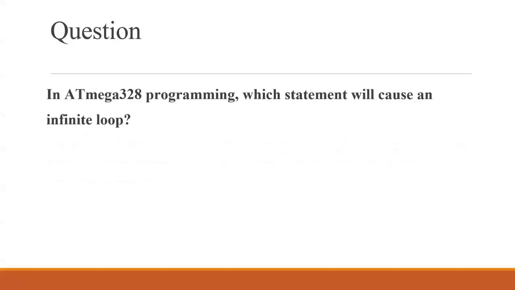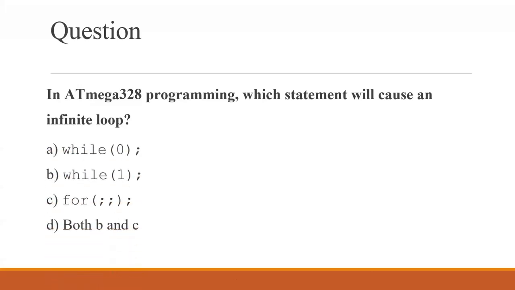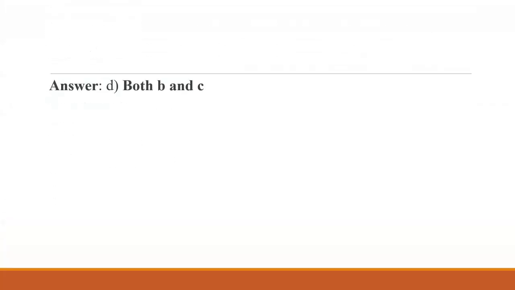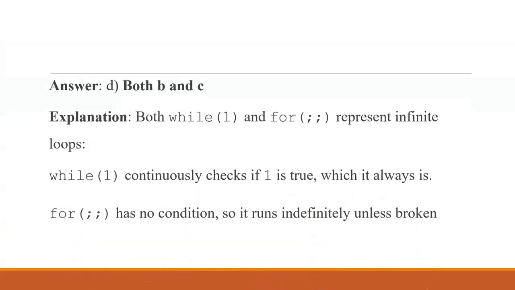Yes. In ATmega328 programming, which statement will cause an infinite loop? While of 0, while of 1, and the for operation that we have there, then both B and C. So both B and C, you'll find that while of 1 and for of that represent infinite loops.